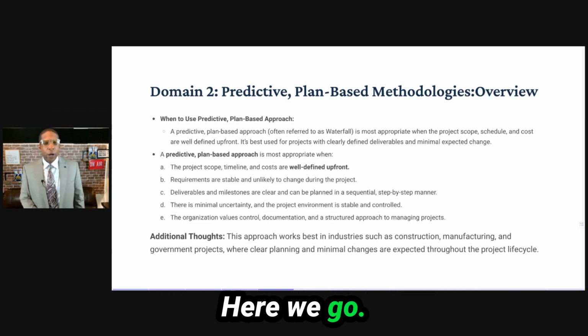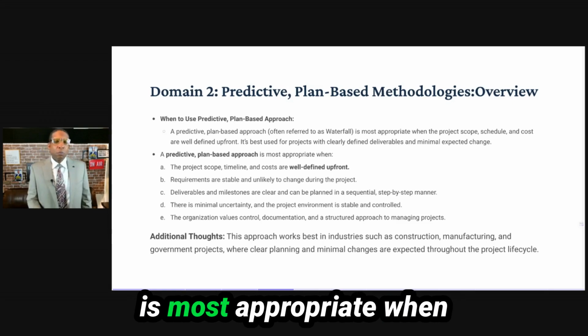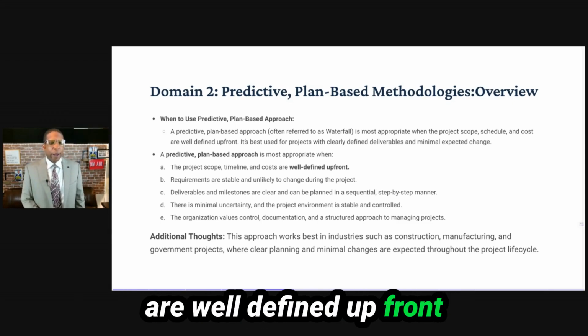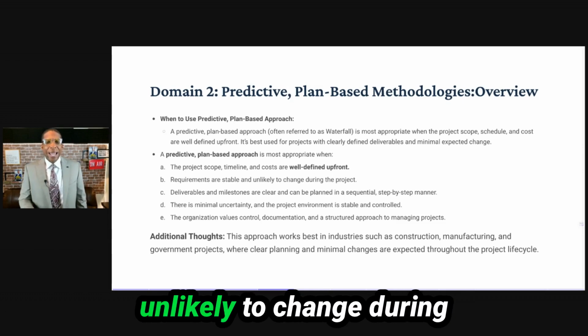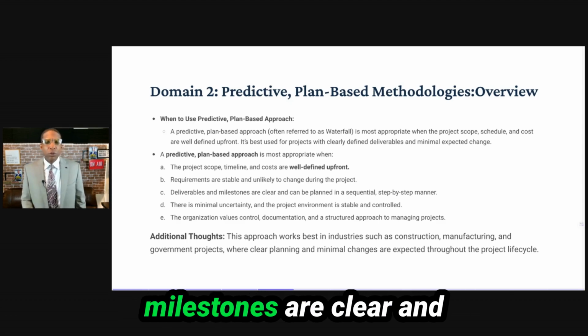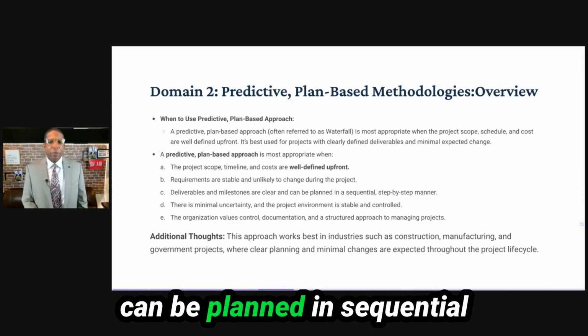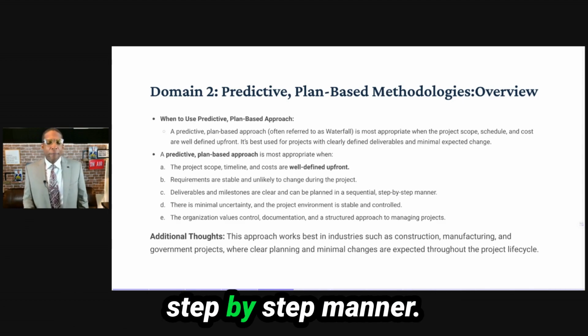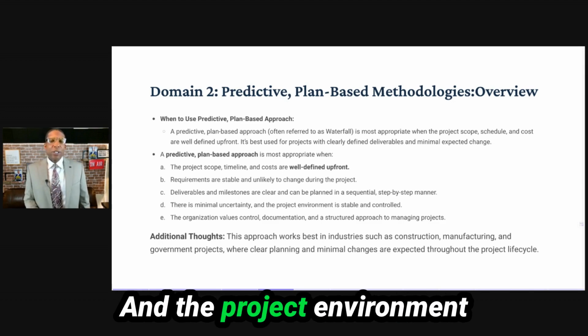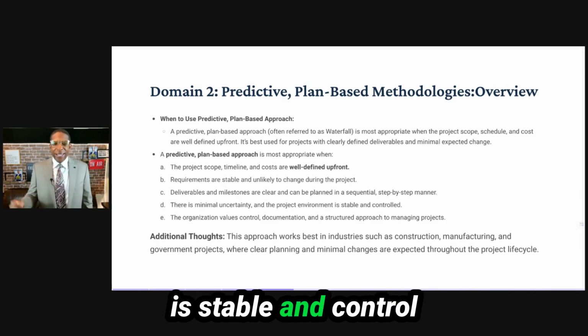Here we go. A predictive plan approach is most appropriate when project scope, timeline, and costs are well defined up front, requirements are stable and unlikely to change during the project, and deliverables and milestones are clear and can be planned in a sequential, step-by-step manner. There is minimum uncertainty, and the project environment is stable and controlled.